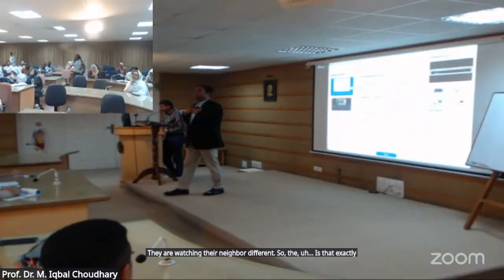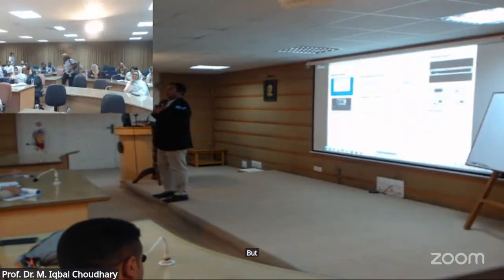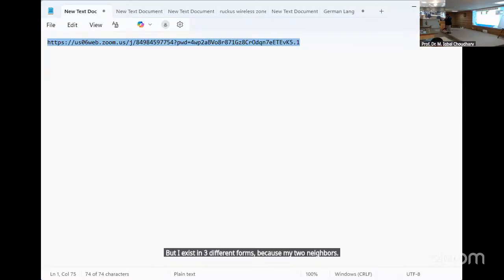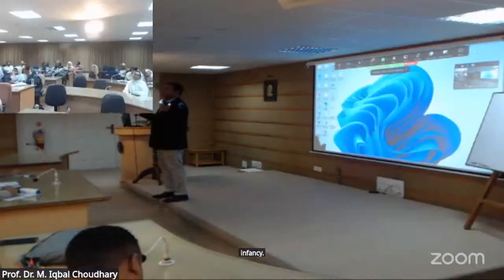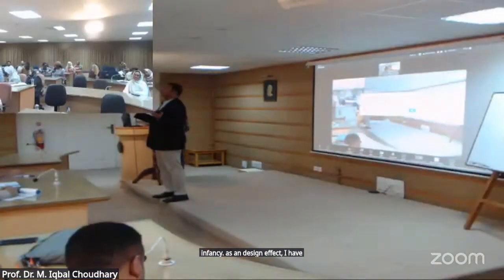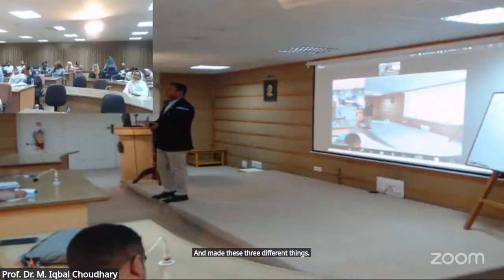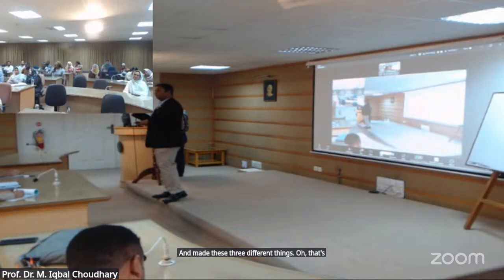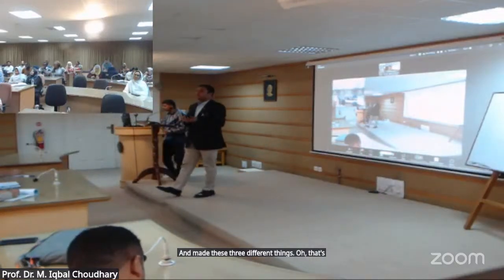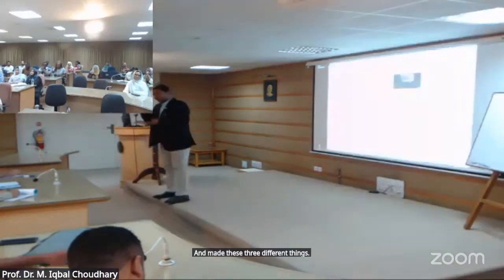I'm just one method, but I exist in three different forms because my two neighbors are influencing. As a result, I have three different peaks, and these three different peaks cause splitting and allow us to calculate J. That was a little finer point.